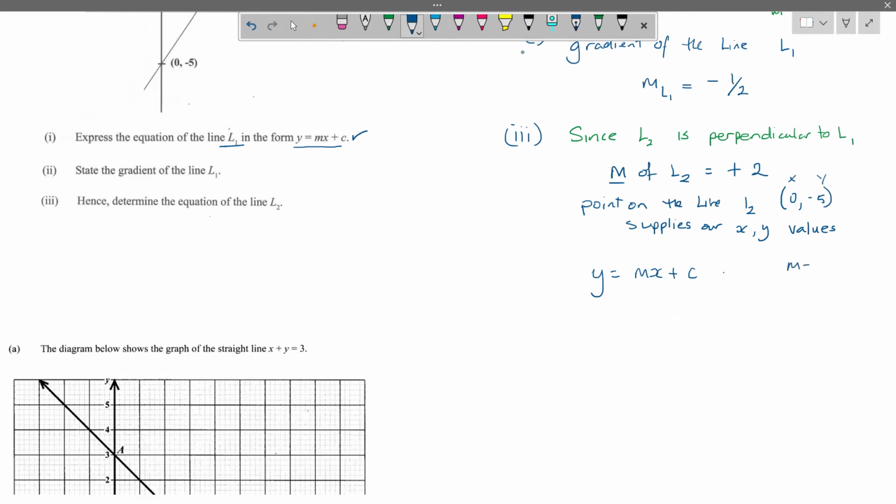So y is -5, gradient is 2, x is 0, which makes our life very simple. c is -5. So the equation is going to be y is equal to 2x minus 5.